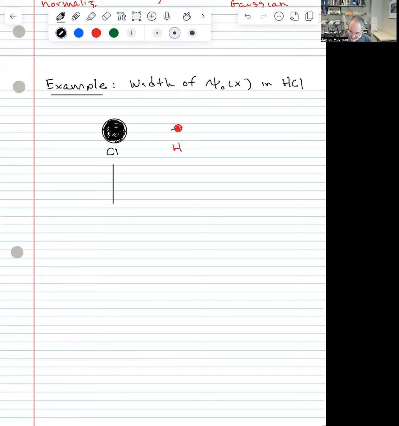Here's the idea. If we make a graph of wave function amplitude as a function of separation between the molecules, we know that it looks something like this. First, we have the potential. Well, let me try to sketch it in here.